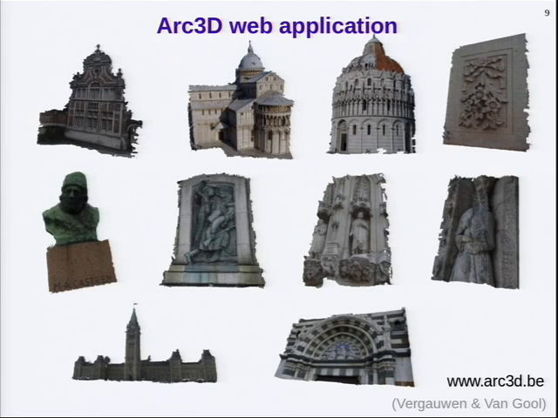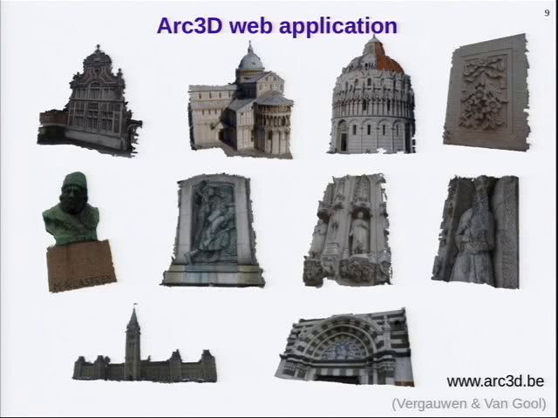It works perfectly for many scenarios and many scenes. However, as you can see, all the scenarios have something in common: they are very well textured. Second, to obtain such results, you usually need quite a dense set of data, so you need many images.